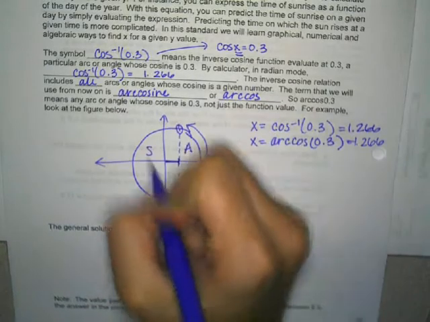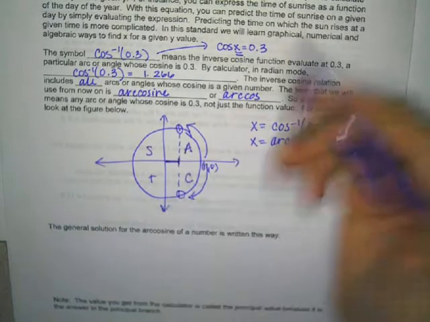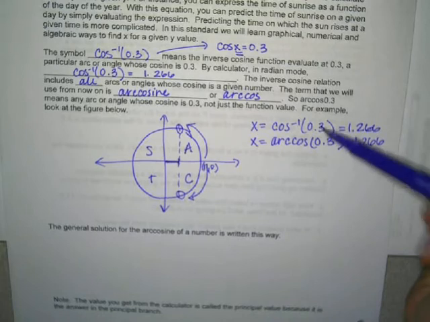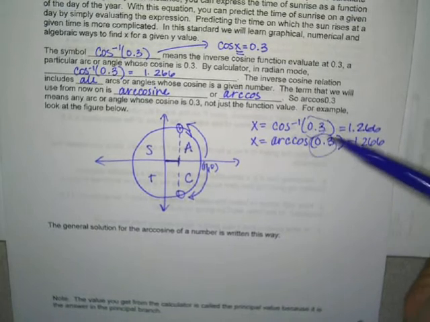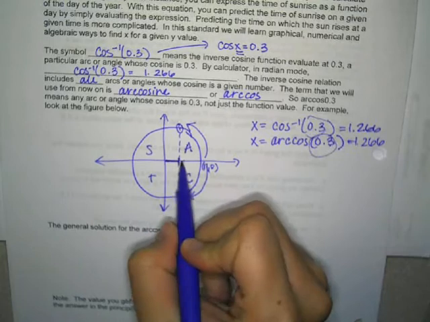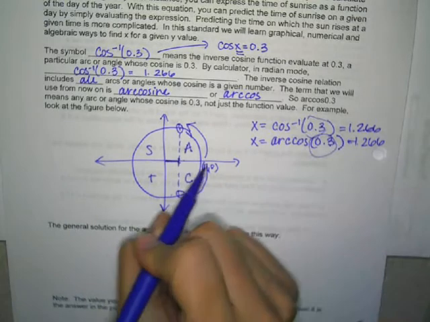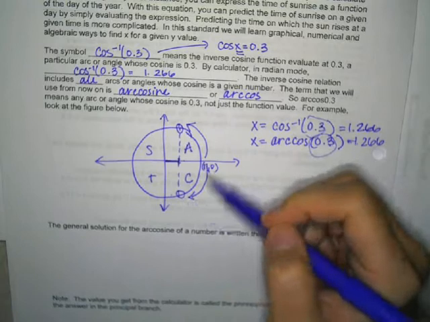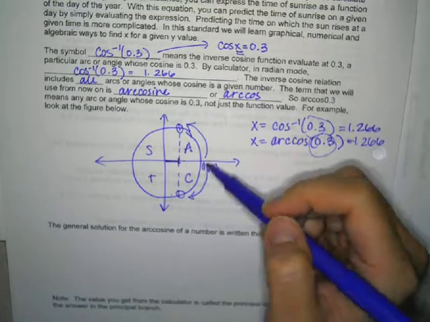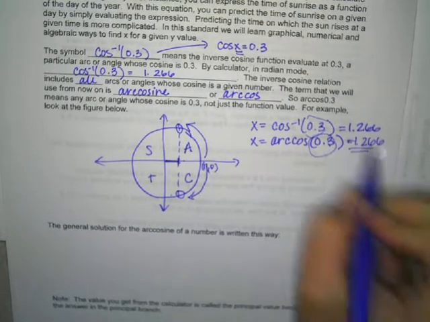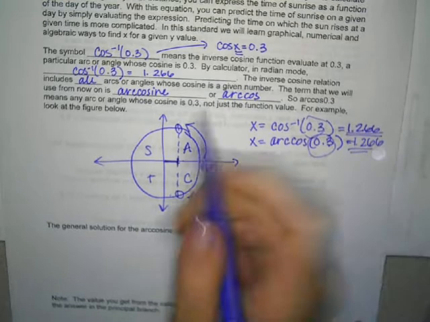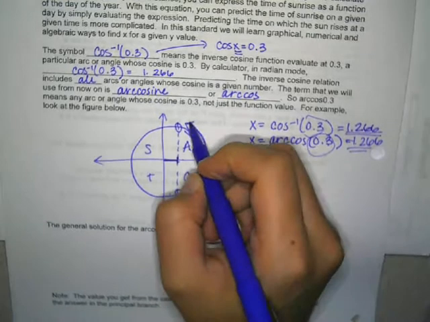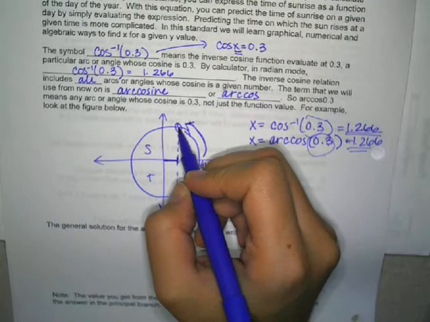Keep in mind this is the y value. Notice the y value is the same. So we plug it in, and even though this is going in a negative direction here, so we have a negative radian angle and a positive radian angle, this is the positive 1.266 angle to get me the y value of 0.3.